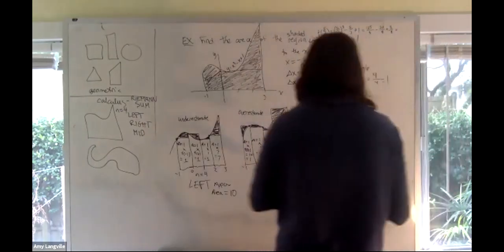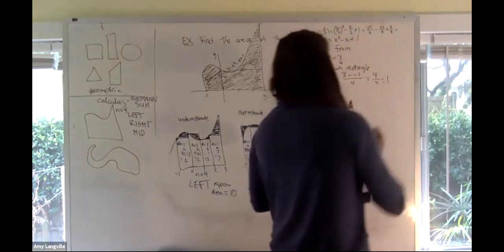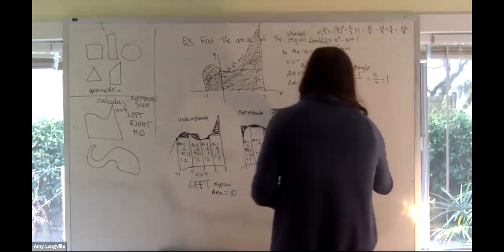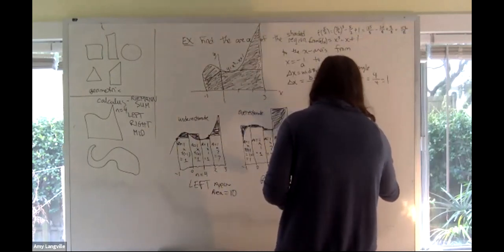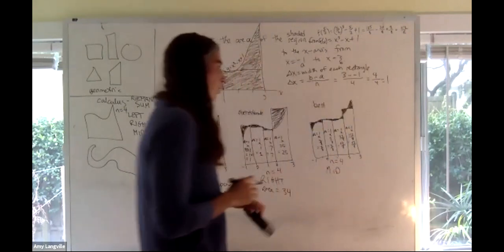And that is what? 105 plus 8, 113/8. So the height of this next one is much bigger. It's 113/8. Multiply that by the width, which is 1, and we still get 113/8.